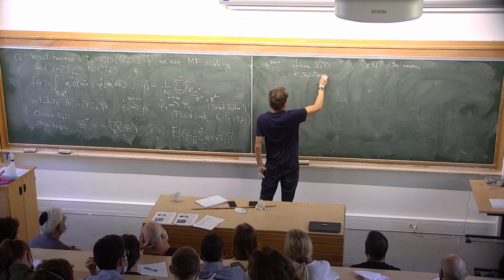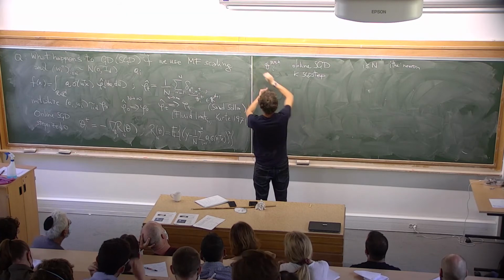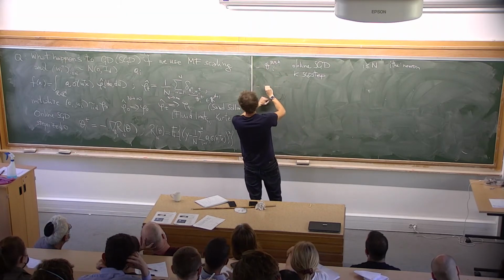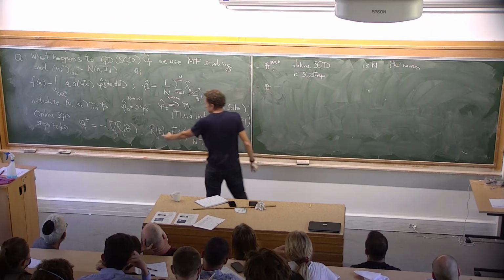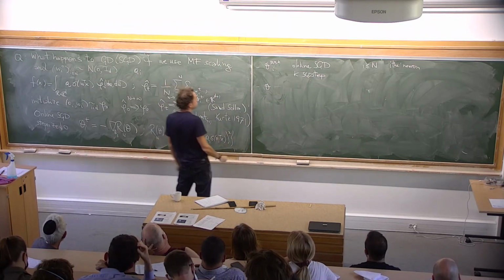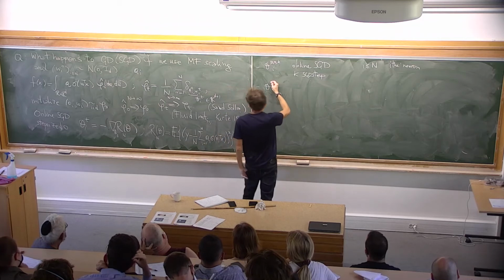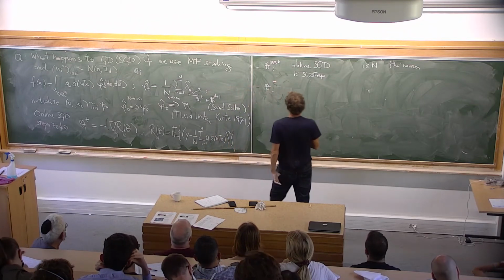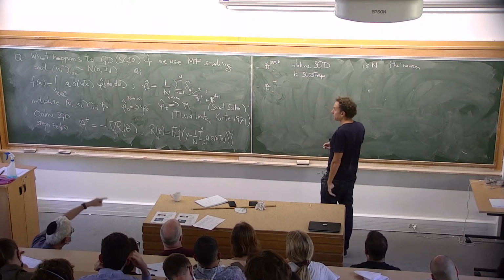There are two objects. There is online SGD after k steps, and then there is the solution of this ordinary differential equation, which is continuous time. The claim is convergence of this to this.